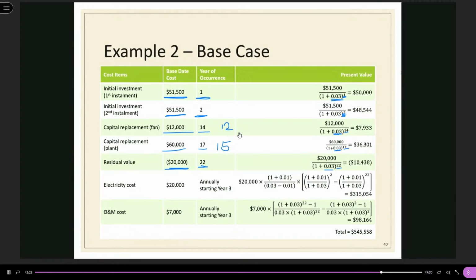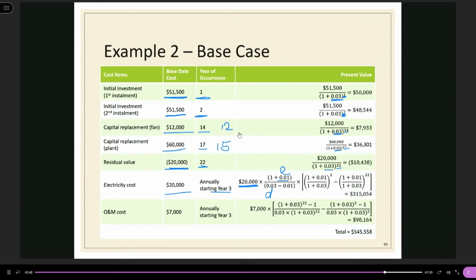For the electricity costs, it will happen every year for 20 years, so starting in the 3rd year. So the annual cost, this is E, the escalation rate, and this is D, 0.03, the 3% real discount rate.